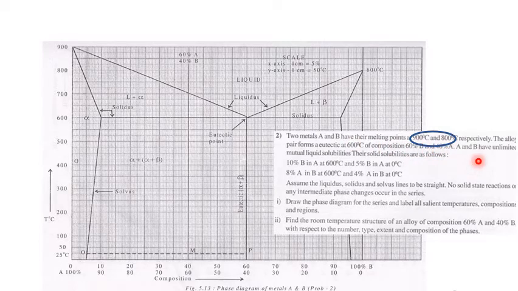A and B have unlimited mutual solubility in liquid, but their solid solubilities are given like this. What are these, we'll see. So the first condition is to draw the phase diagram and label the parts, and the second one is to find the composition and amount at a given alloy composition.